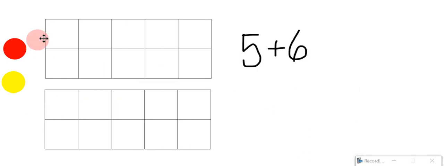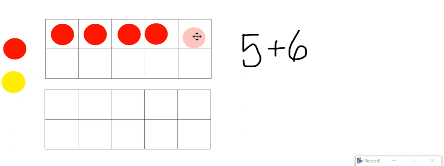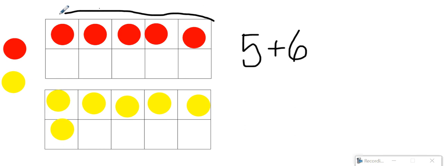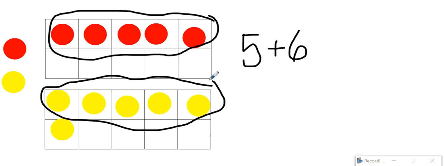So we've been working on doubles. So I have a new addition sentence here. So if I have 5 plus 6, and I'm kind of very quickly moving my dots over into my 10 frame, that really helps me see it. So do you notice a double? That is correct. I have 5 here, and I have 5 yellow.